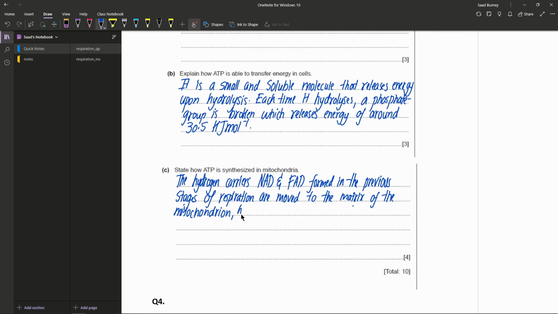Here, they have their hydrogen atoms removed and split into their constituent protons and electrons.